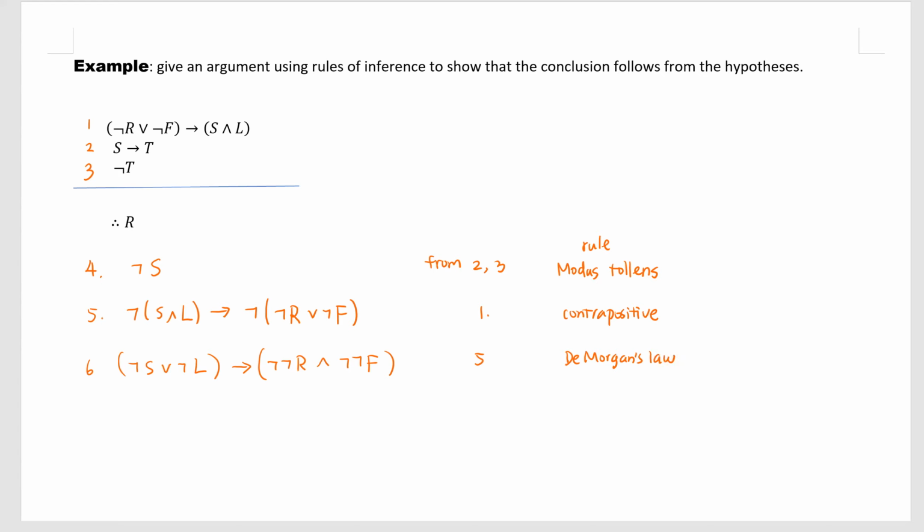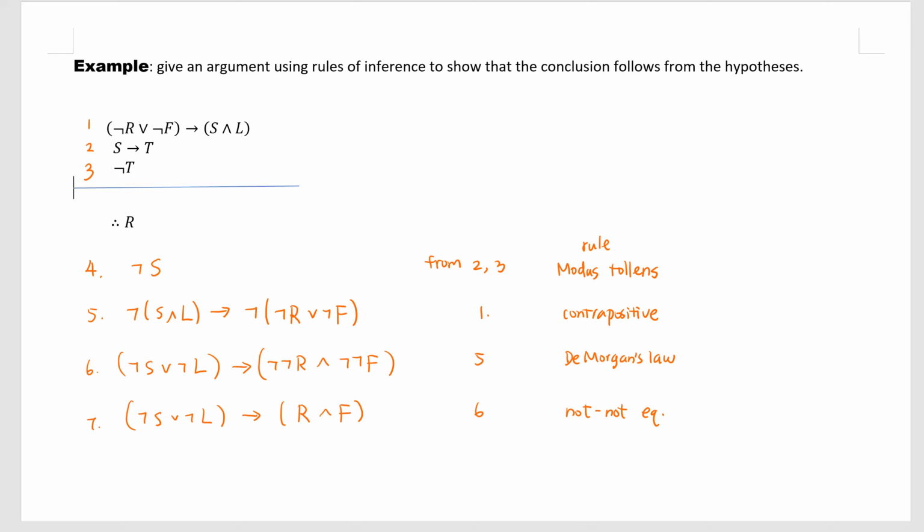Each step we're going to label which line we get this from and what rule we're using. And then next, not not is just that thing, right? So not cancels. So it's just R and F. And this is from line 6, and we use the not equivalent.